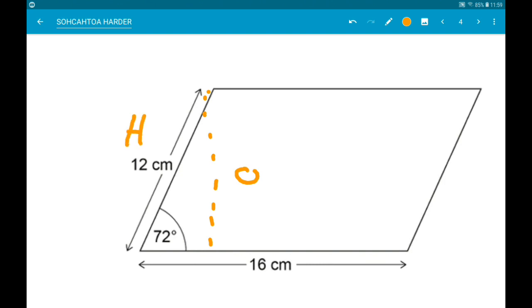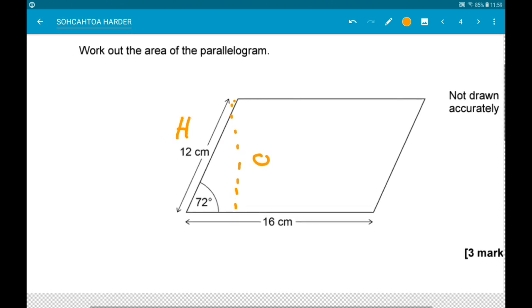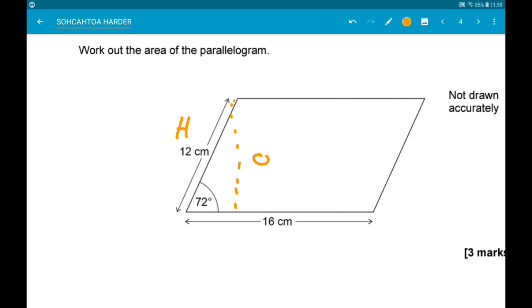So, is it SOH? S-O-H, yes it is. So SOH tells us then sine of theta is the opposite over the hypotenuse, so sine 72 is the opposite divided by 12.